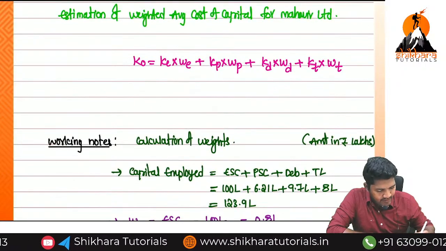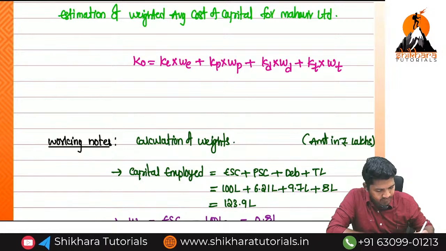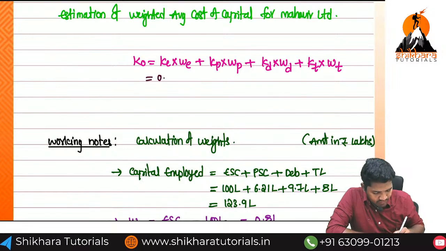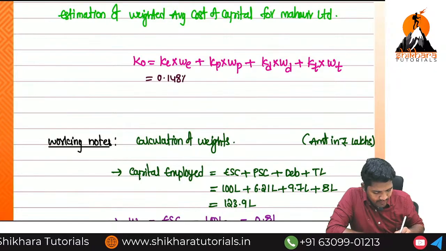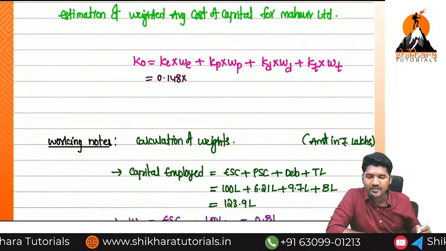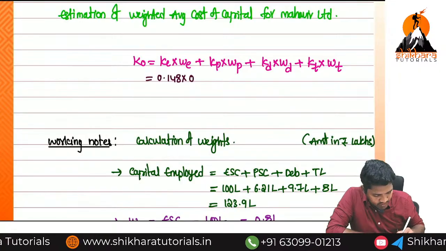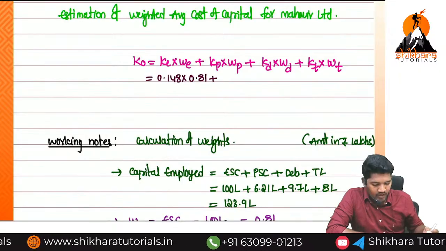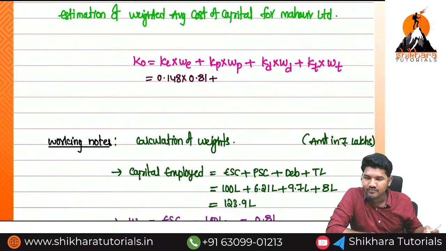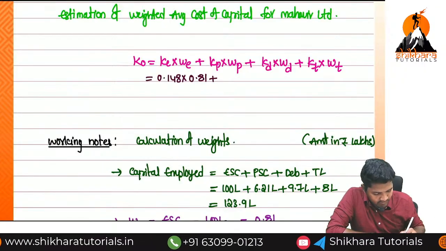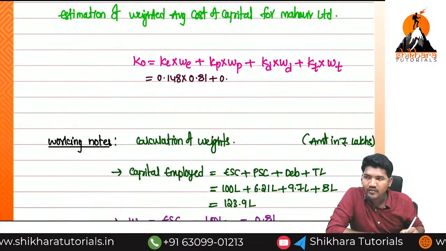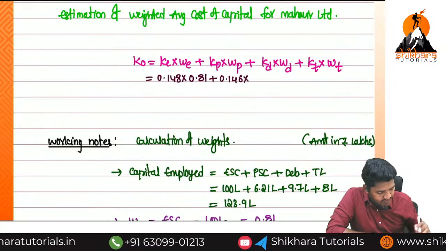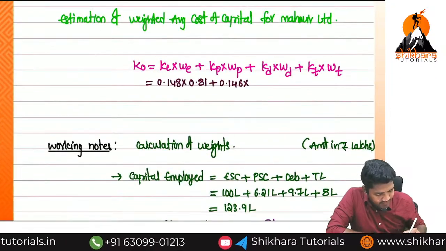Please tell me the values. K please. 148. Weight of equity please. 0.81. Now what about the KP? 0.146. What about the weight? 0.05.